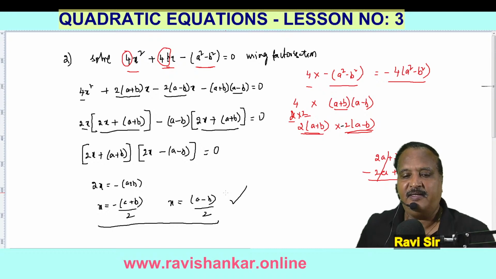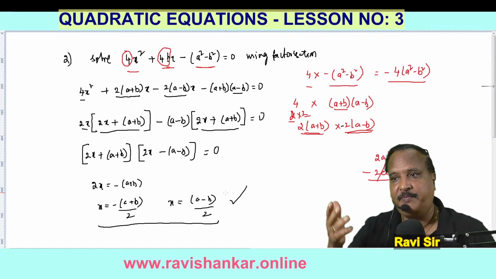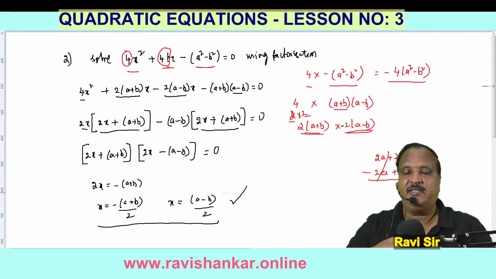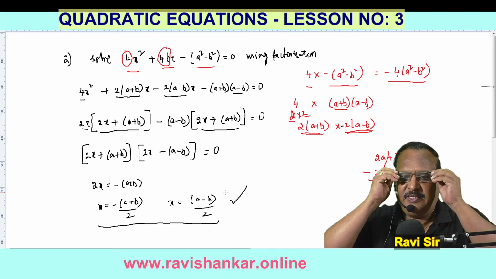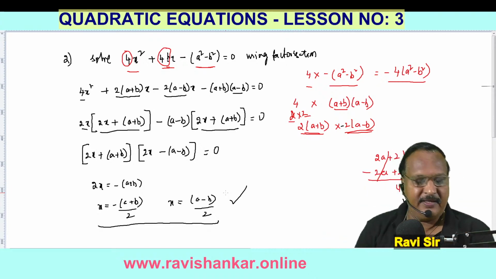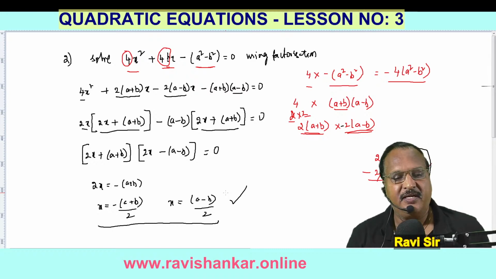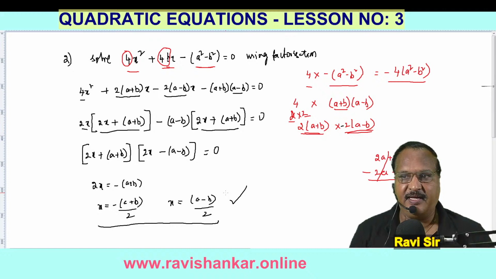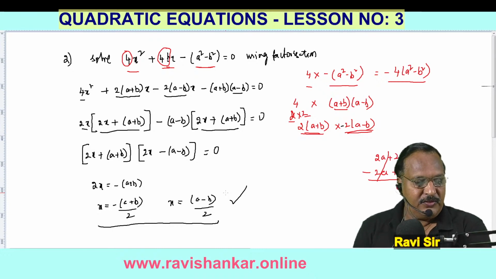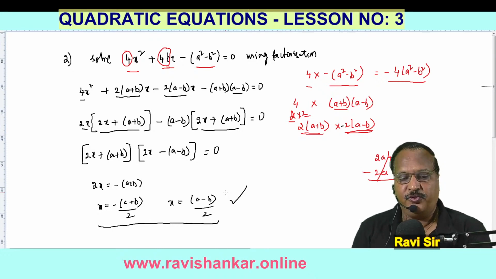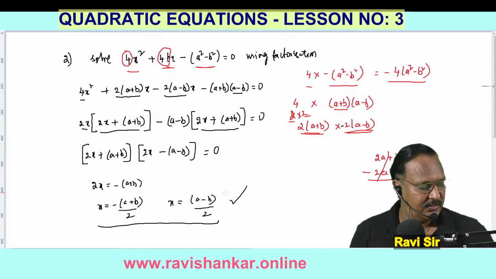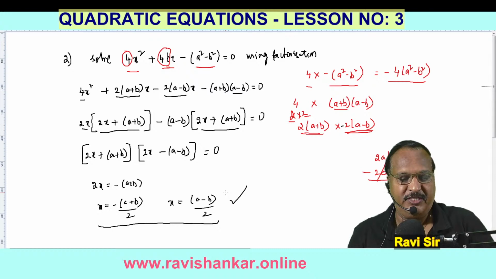Alphabets are there, so unless you have practice of these questions, you will not remember. Every question is unique again. Even these questions are available in Ratnasagar, and in our NCERT textbook also. So I want you to practice these questions and do it.